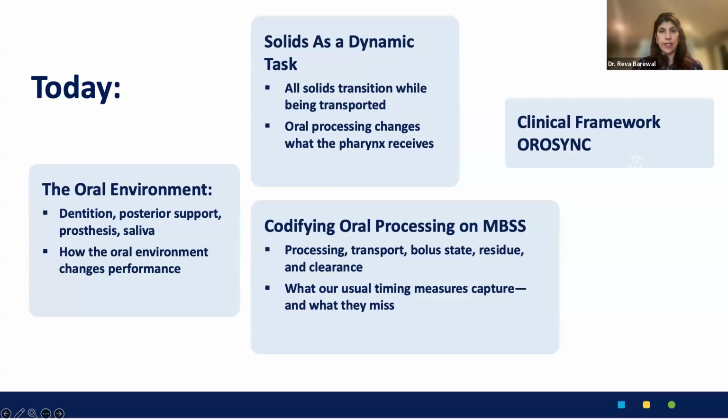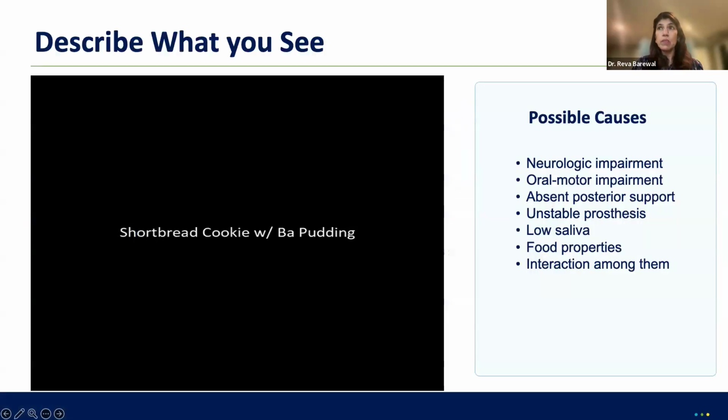And then finally, OraSync, which is really using the food not only as something we test in a trial, but also as a controlled challenge to help us understand food as a task, what work that patient has to do and what work is useful, and where that task becomes too much for that patient.